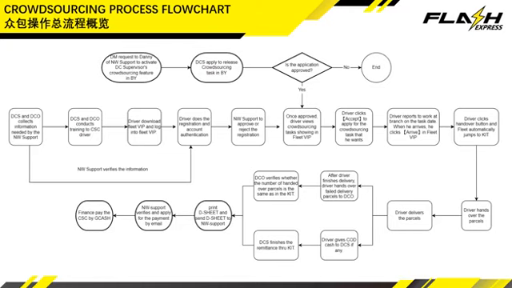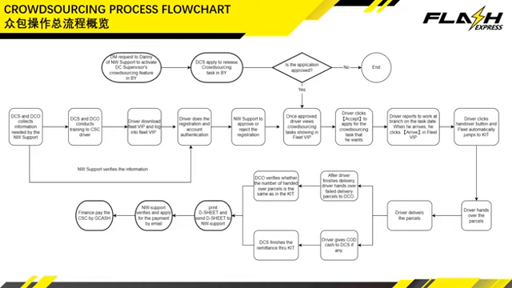Moving on, the driver or the crowdsourcing applicant downloads the Fleet VIP and logs in. To continue, the crowdsourcing applicant is required to do the registration and account authentication in Fleet VIP before proceeding with the task.